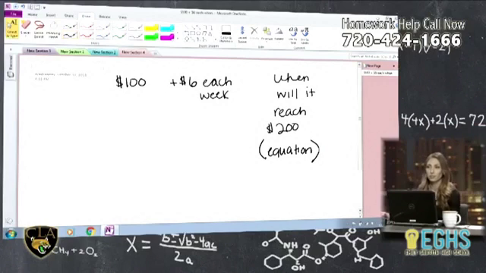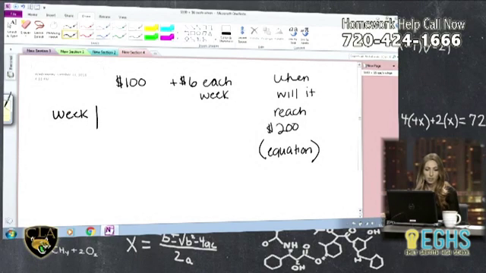If you go to my screen, I'm going to give you some visuals here. One thing I might start with is a table. We're going to go by weeks, and I'm going to say each week and then the total amount, or balance, of his account.